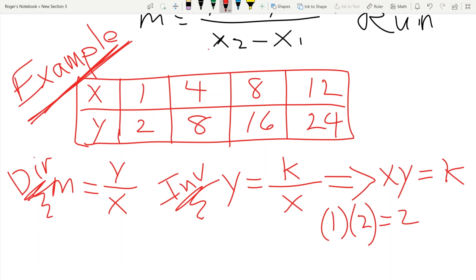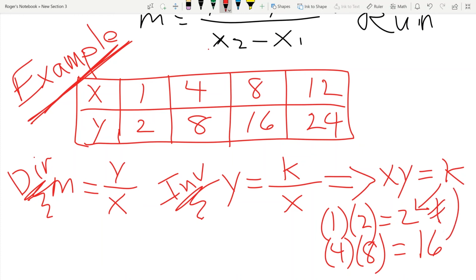How about 4 times 8? Does that equal 2? No, 4 times 8 equals 16. Notice we didn't get the same number. They're not the same. They're not equal. So therefore, we do not have inverse variation.